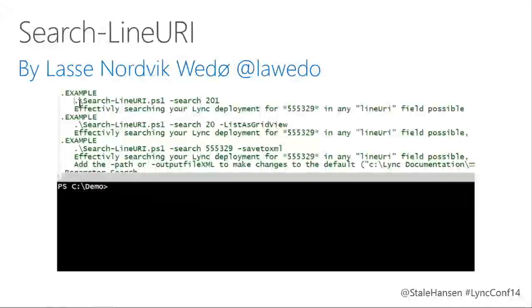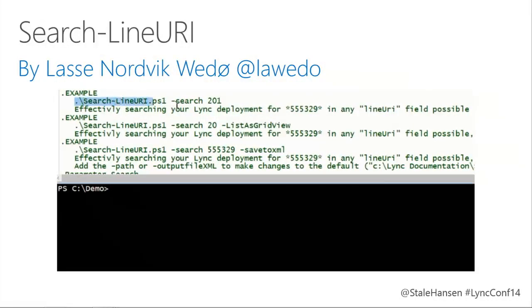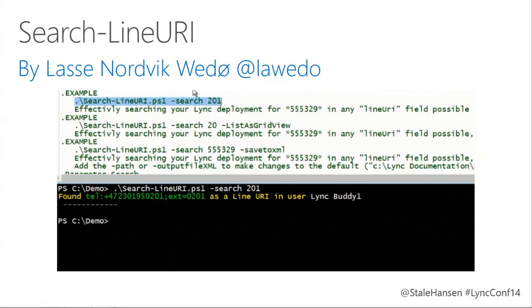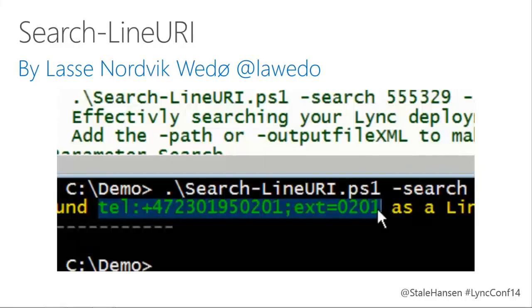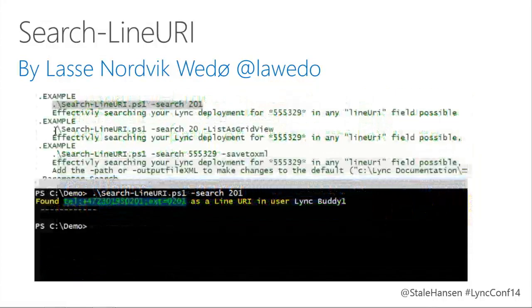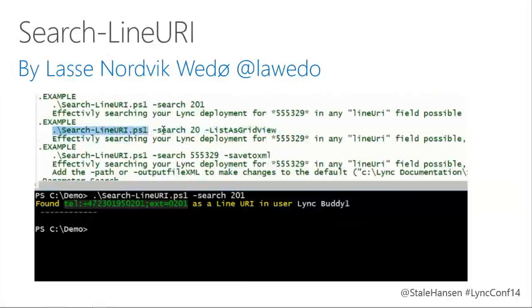Then you have search line URI, which is another script he has created. And the search line URI lets you just search for any number, not just for the users in the organization, but for all entities and objects that have a number. So now you know what user has this number. And you can also output to grid view and other views as well.